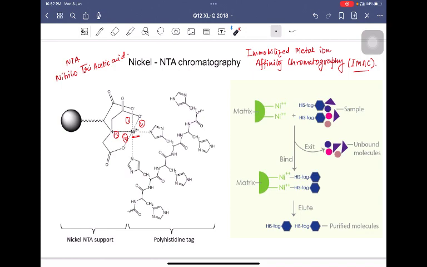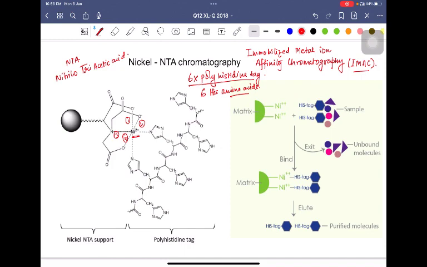That is why it is a type of affinity chromatography. For this type of affinity chromatography, we tag our proteins with a 6x polyhistidine tag. What is a 6x polyhistidine tag? It basically codes for six histidine amino acids.